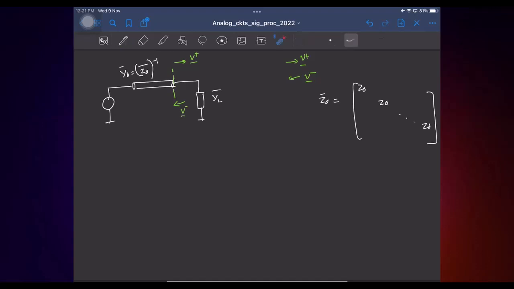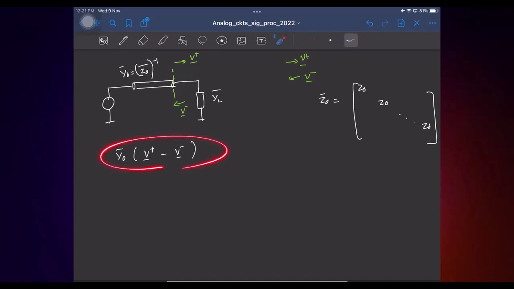So we know that the currents here are equal. So current at the end of the line, what is it? At the end of the line, what is the current? Y0 times V plus minus V minus. Fine. For LTI, this was basically V plus by Z0 minus V minus by Z0.